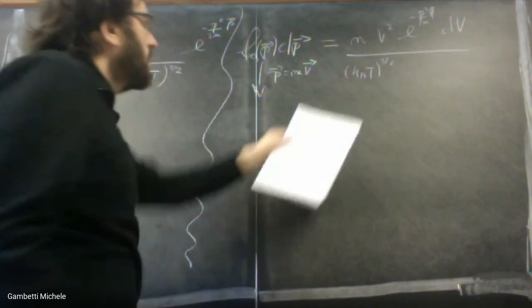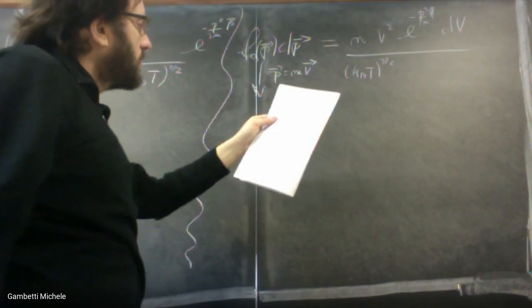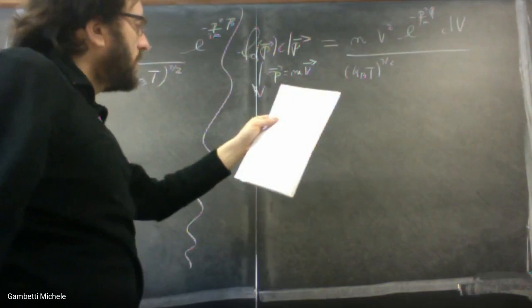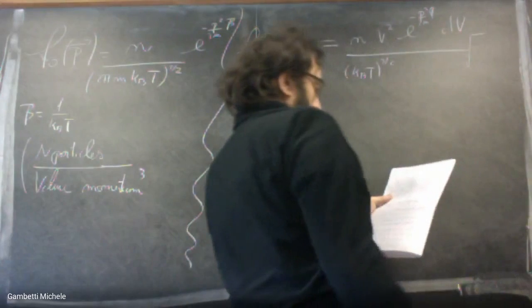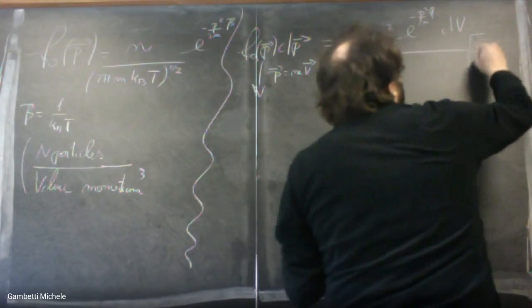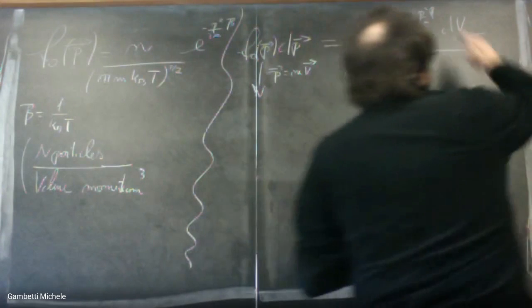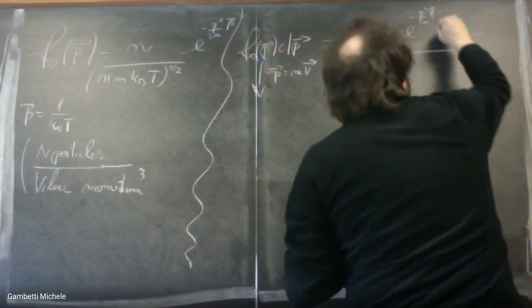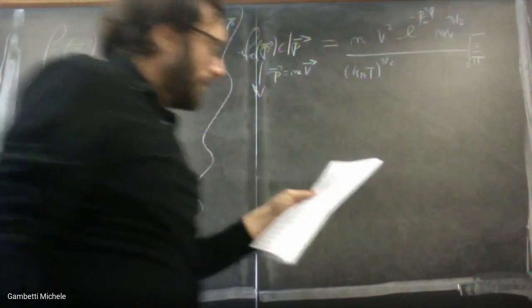Well, actually, one can also introduce beta here, but it's okay. Then I have a factor of pi divided by 2. So we have 2 divided by pi, and then a mass to the power of 3/2 and dv.